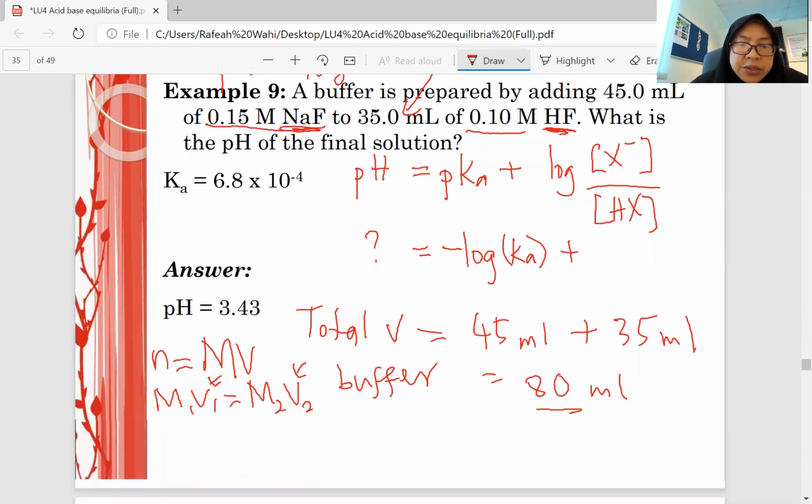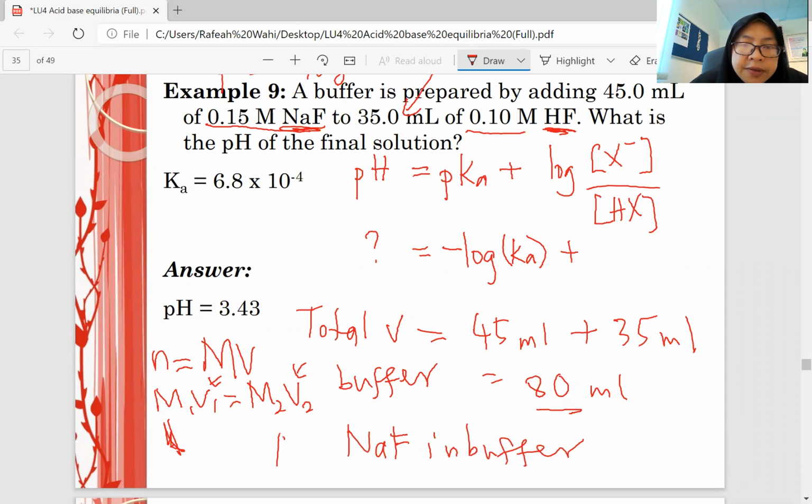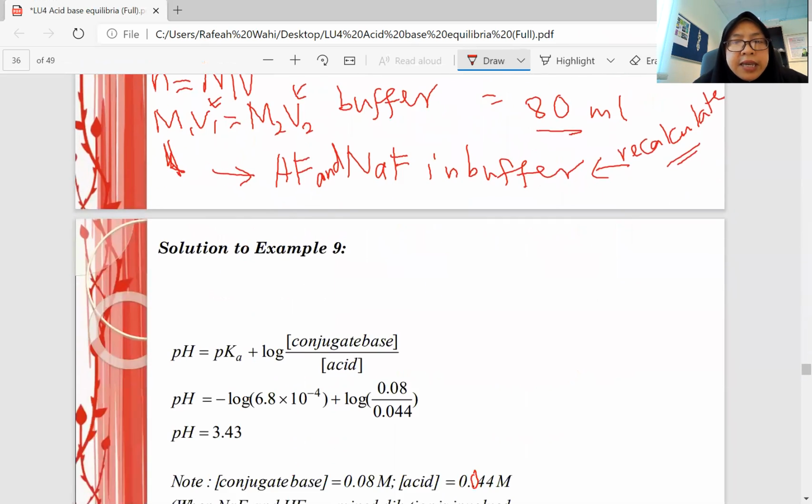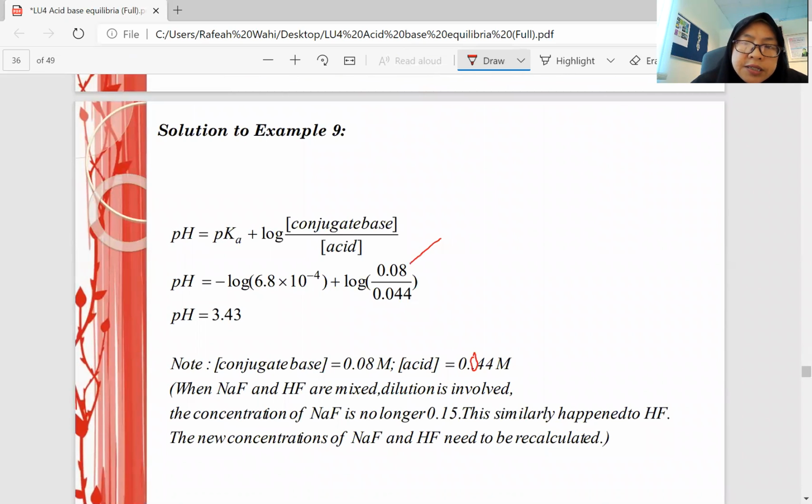Okay, so you have to recalculate what is the concentration for both NaF in buffer and HF in buffer. Okay, so when you have recalculated, you can see that you get this concentration 0.08 and 0.04.